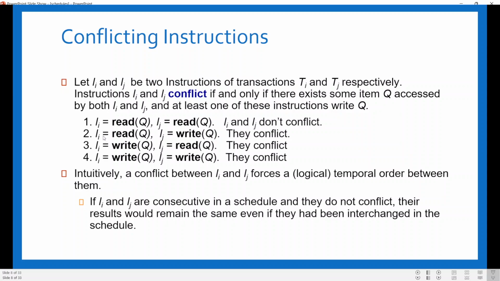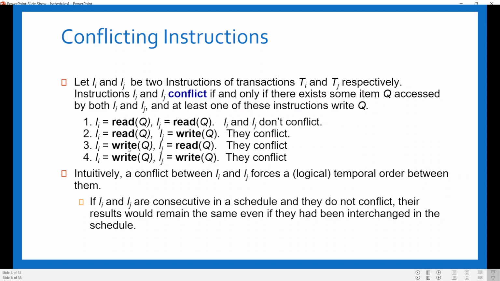In the second case, Ii is read and Ij is write, and both are accessing the same item. This is in conflict because there is a write operation on the same item. So here they are in conflict.